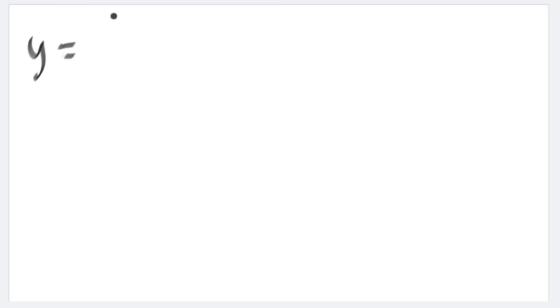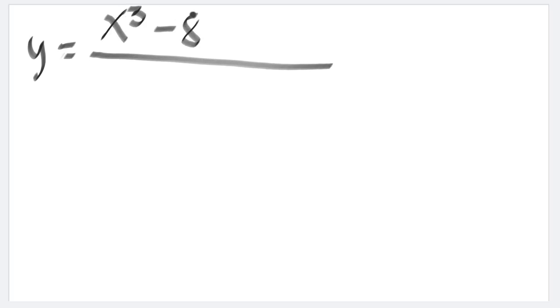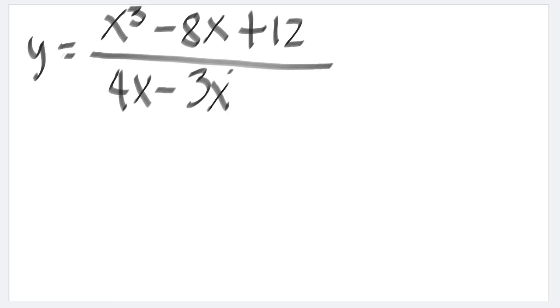Okay, let's try this one. y is equal to x cubed minus 8x plus 12 all over 4x minus 3x squared plus 5x cubed.